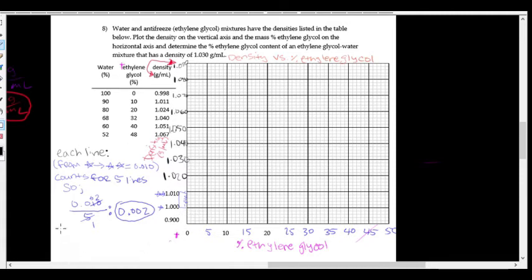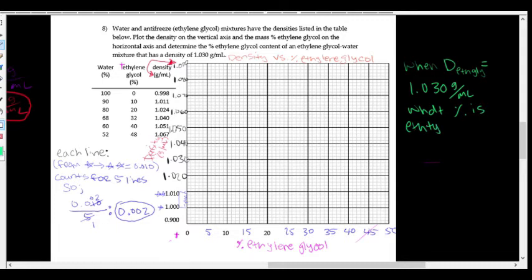the question basically is saying, let me write it in a different color over here. When density of ethylene glycol equals 1.030 grams per milliliter, what percent is ethylene glycol?